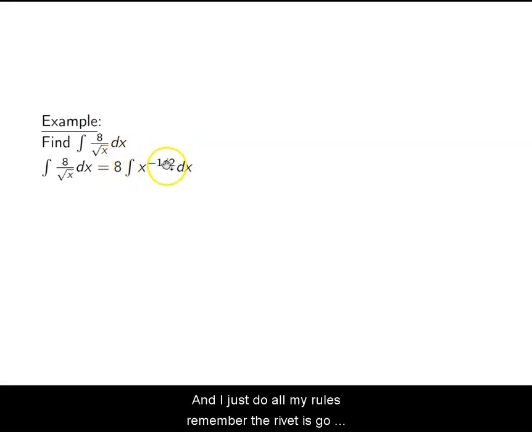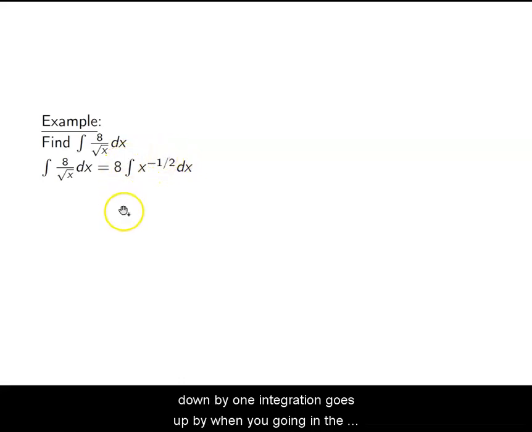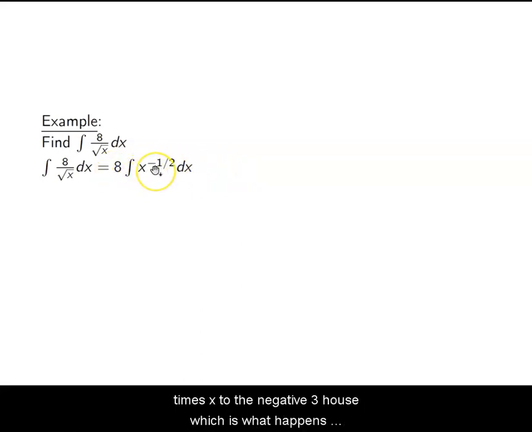Remember, derivatives go down by 1. Integration goes up by 1. You're going in the opposite, right? So instead of this turning into -1/2 times x to the -3/2, which is what happens when we differentiate, we do the opposite. Instead of going down by 1, we go up by 1. Instead of multiplying by this, we multiply by the reciprocal, right?